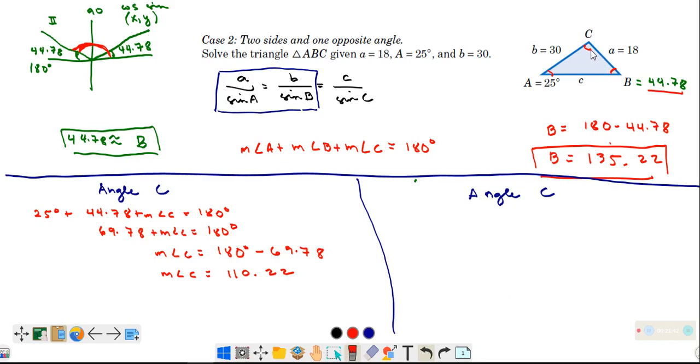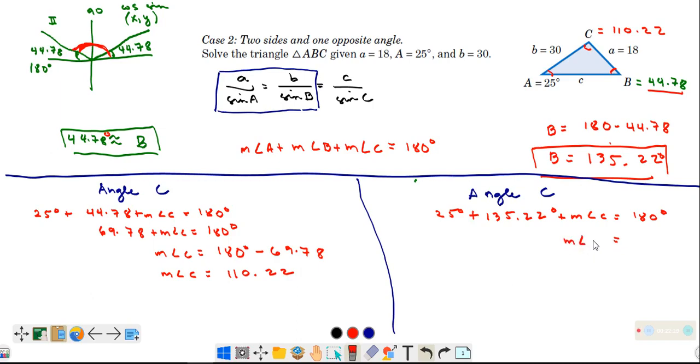And from visual inspection, mukhang obtuse si C. So we have here 110.22 daw. Pero sabi nga natin, paano kung walang drawing? E di, ikaw consider mo rin yung obtuse na B. So we have 25 degrees plus ito yung gagamitin natin na B, 135.22 degrees. May degrees yan ha. Is plus measurement of angle C is equal to 180 degrees.